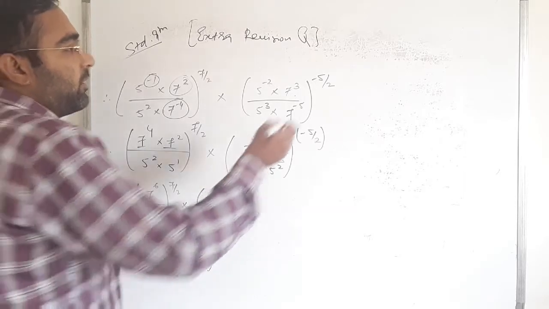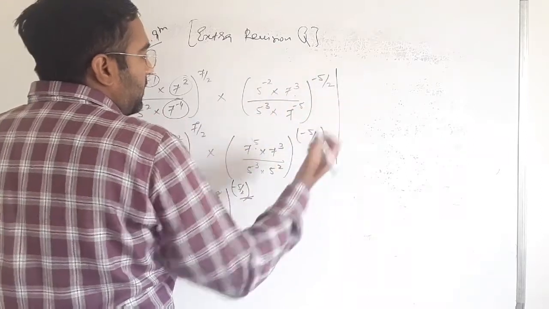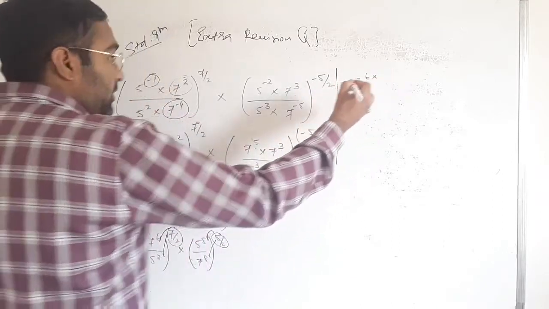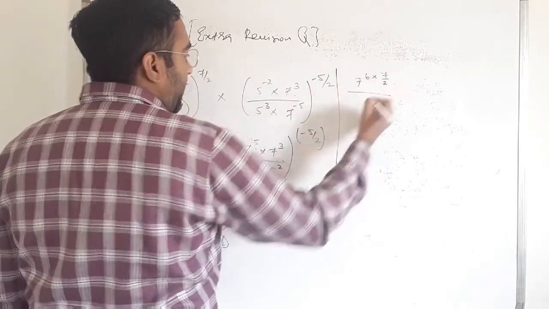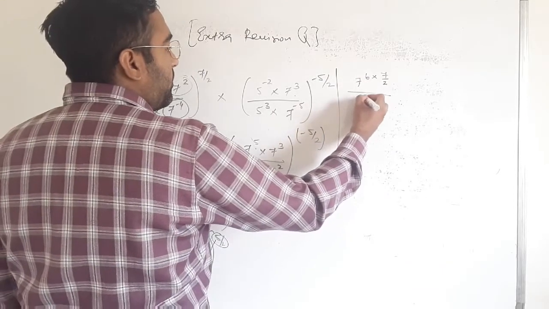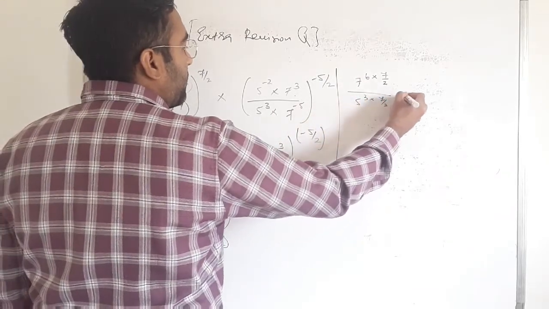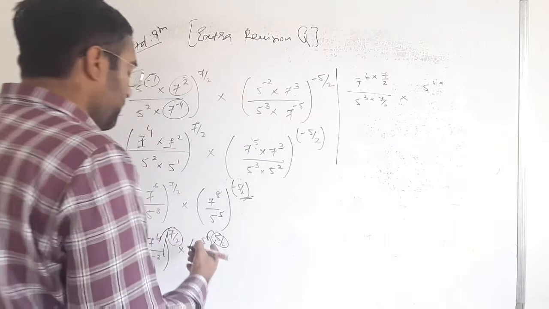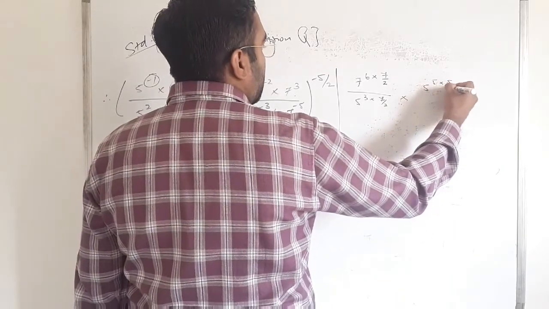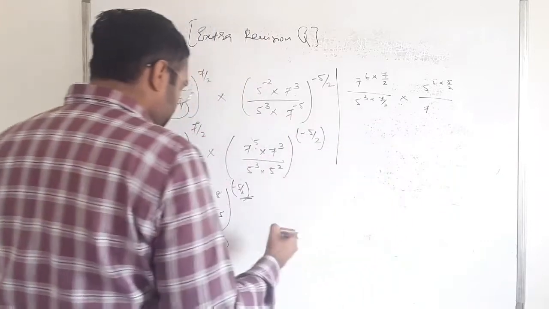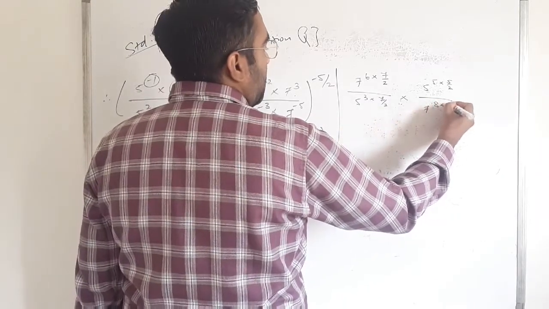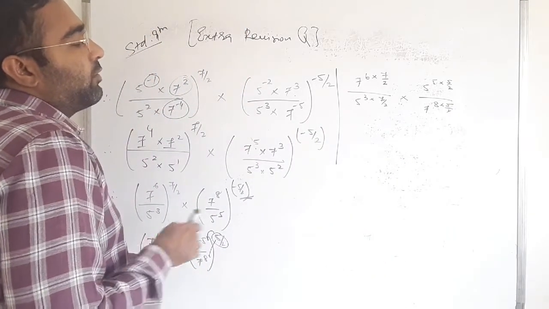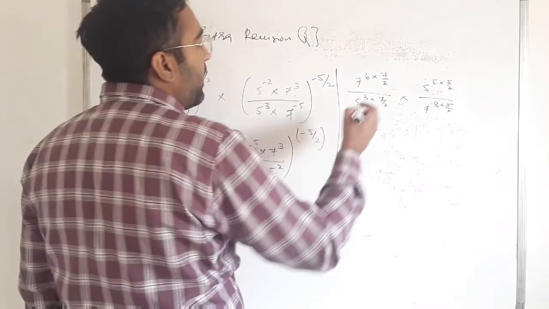So 7 raised to 6 into 7 by 2, upon 5 cube into 7 by 2, multiplied by 5 raised to 5 into 5 by 2, upon 7 raised to 8 into 5 by 2. Okay, so here we have to take cancellation if any is required.